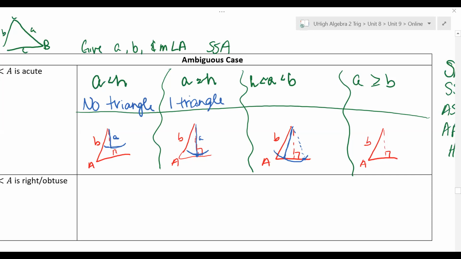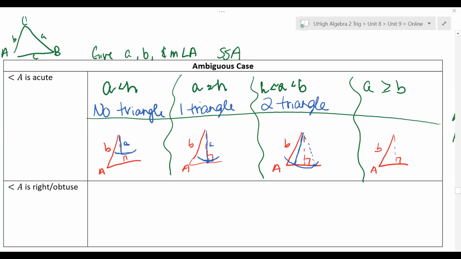When I make that arc and swing it, like a windshield wiper, it's going to cross that base in two different spots. So I would be able to have two triangles here. We're going to talk about what that means for solving in a couple of minutes. But right now, just think if your a value is between your height and your b value, then you're going to be able to create two triangles.